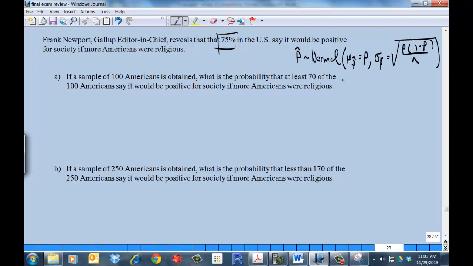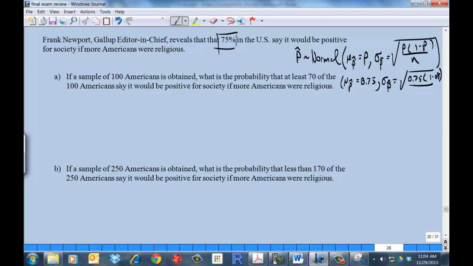So let's go ahead and plug this in. The square root of 0.75 times (1 minus 0.75) over the sample size.